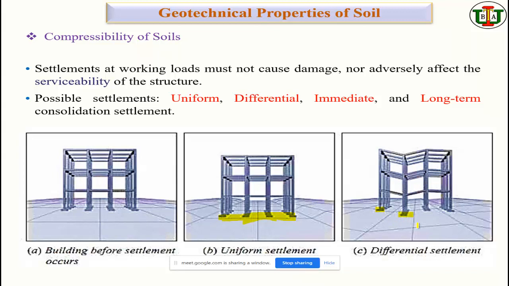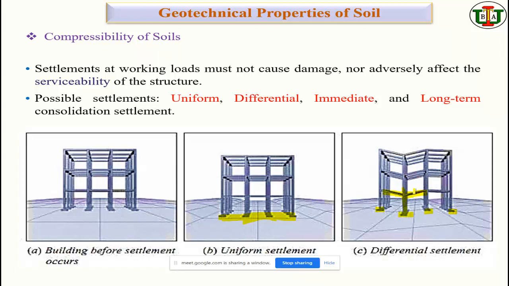These bases are almost the same, but this base is higher. So what is happening here? You can see this member is inclined now. Before it was horizontal, right? These members were horizontal, but now these members are inclined.